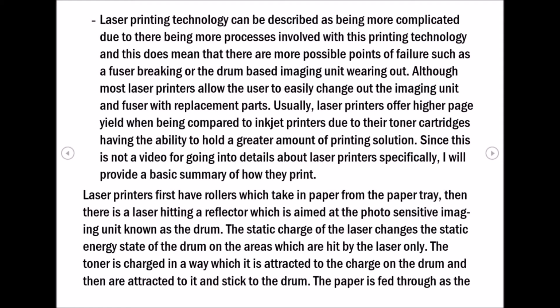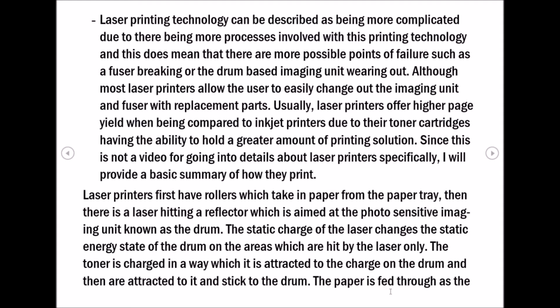The static charge of the laser changes the static energy state of the drum on the areas which are hit by the laser only. The toner is charged in a way that it is attracted to the charge on the drum and sticks to the drum. So the toner is being stuck to the drum using static electricity.